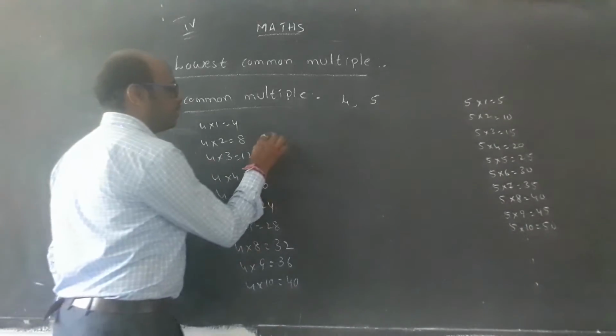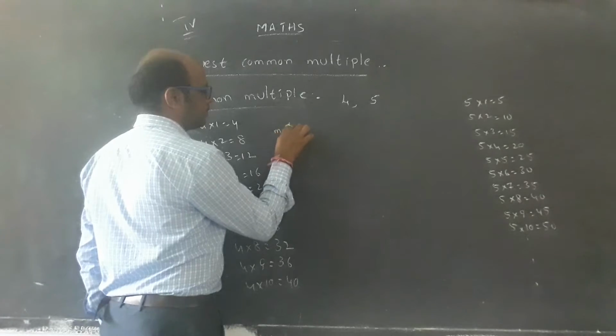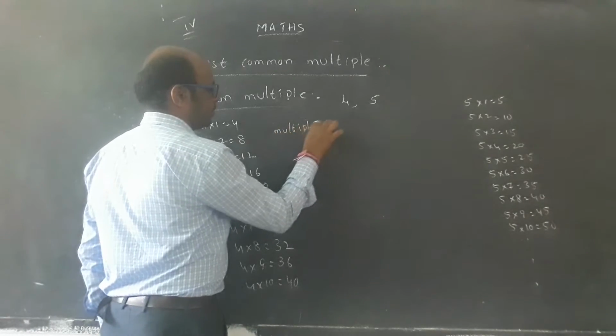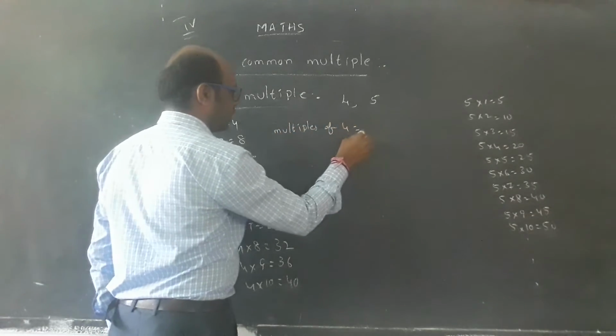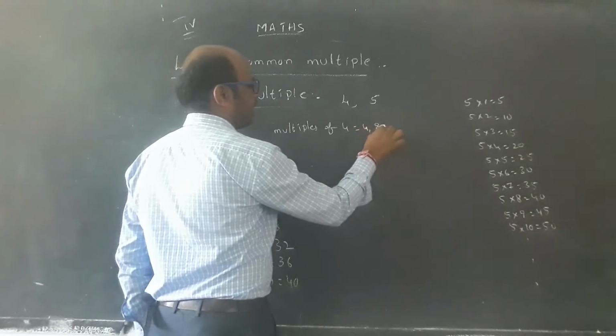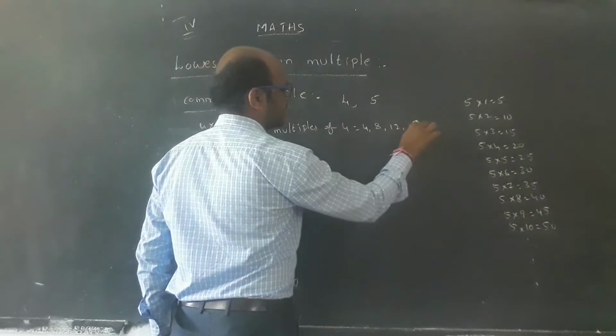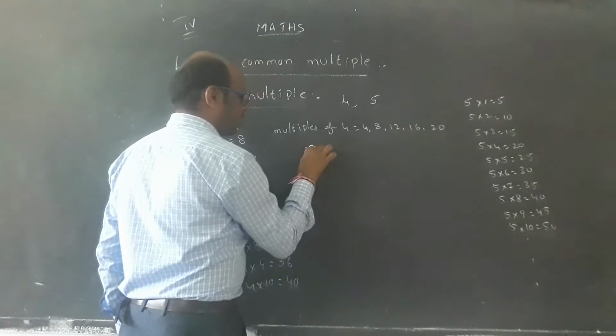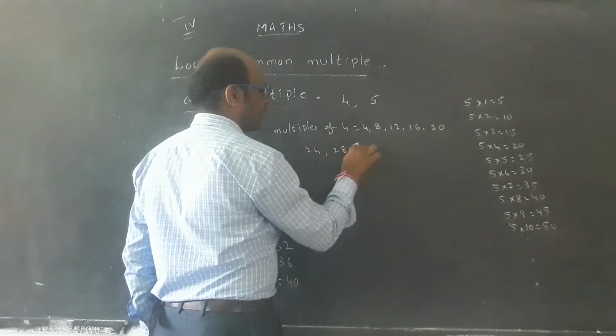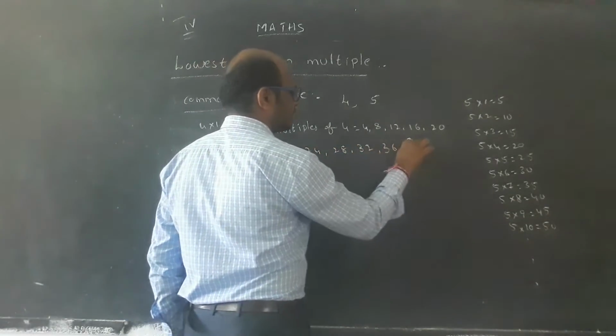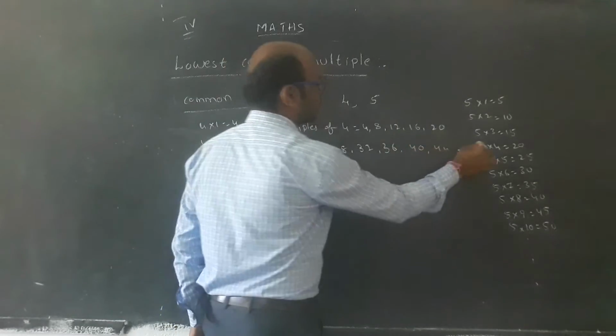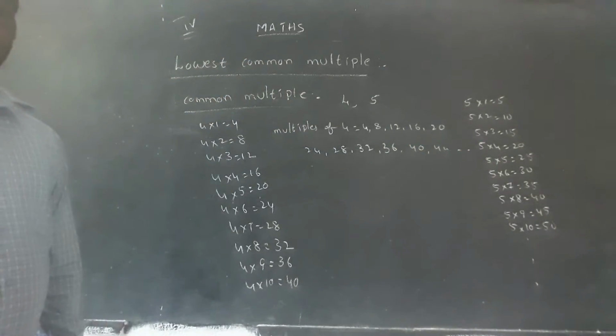Now I am writing here: multiples of 4. 4, 8, 12, 16, 20, 24, 28, 32, 36, 40, 44, like this. If you want, write more.